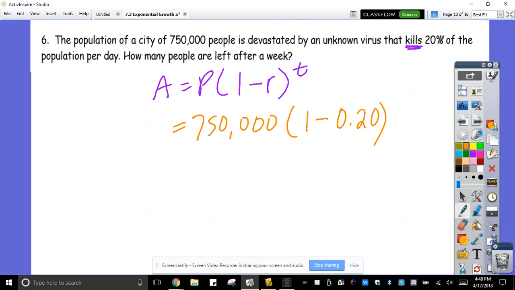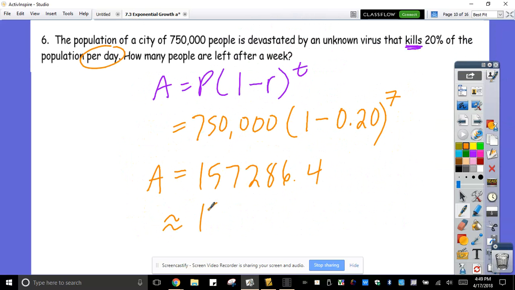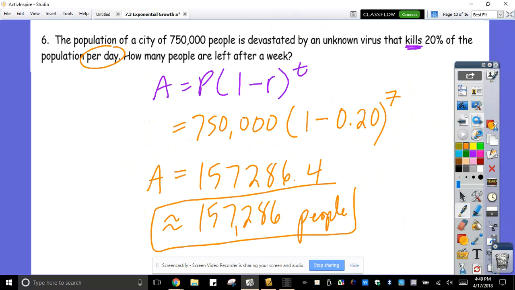This 20% is per day, and there are 7 days in a week, so we're gonna put 7 right here. That gives us 0.8 to the 7th power times 750,000. The final amount is 157,286.4, or we can say 157,286 people. We cannot say 0.4 person.